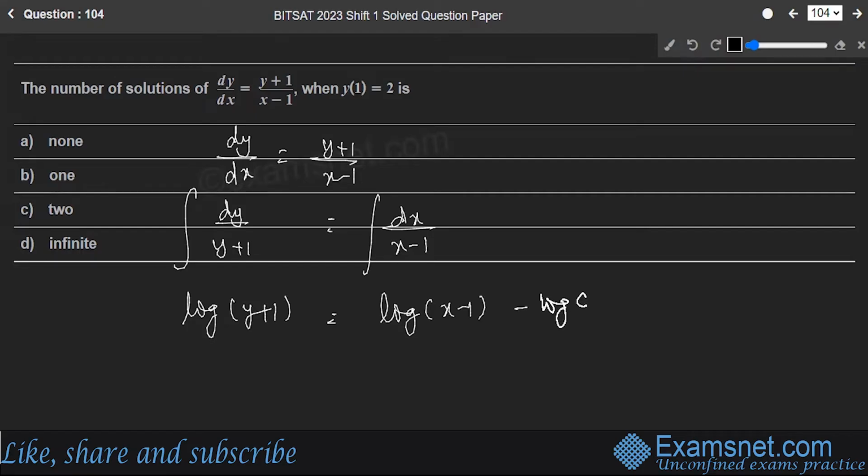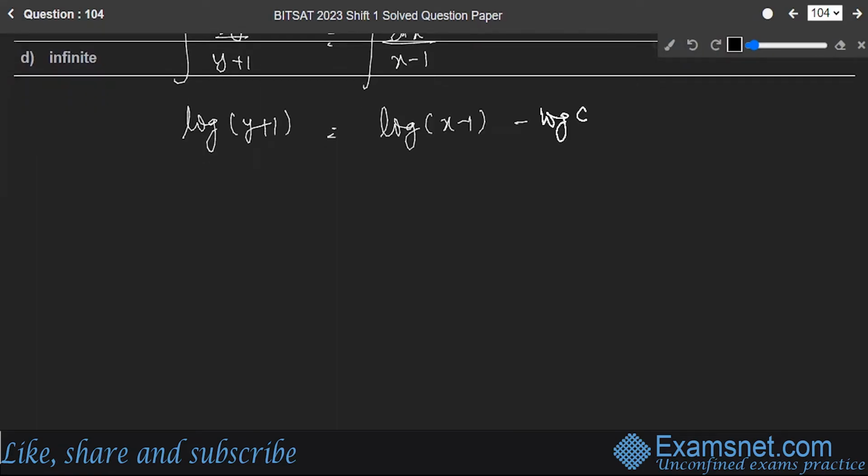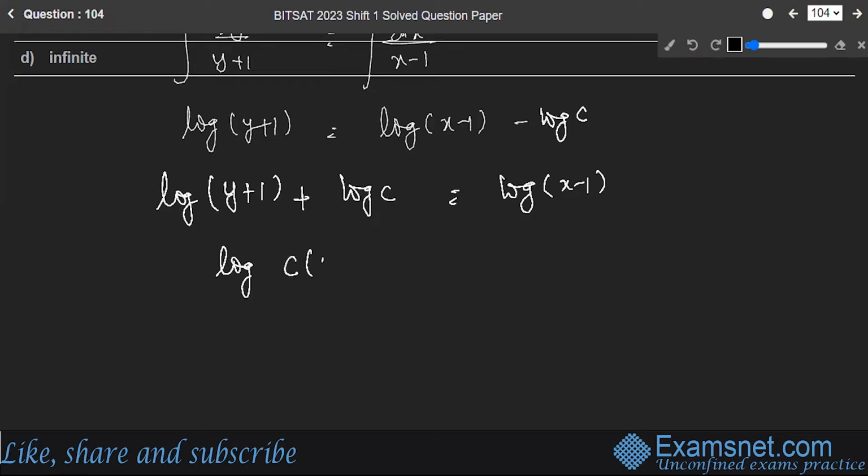So this will be log(y plus 1) plus log c is equal to log(x minus 1). This will be log of c into (y plus 1) is equal to log of (x minus 1).